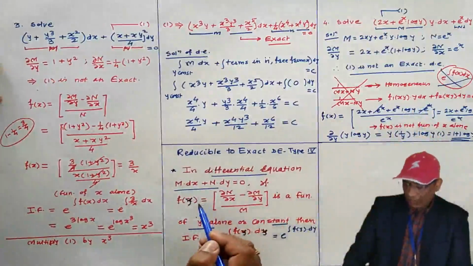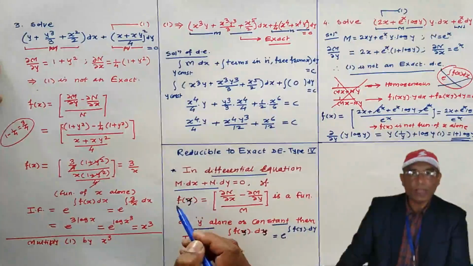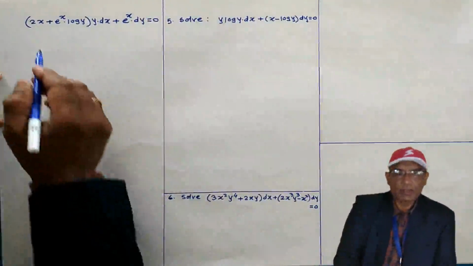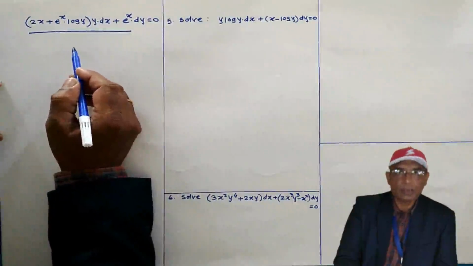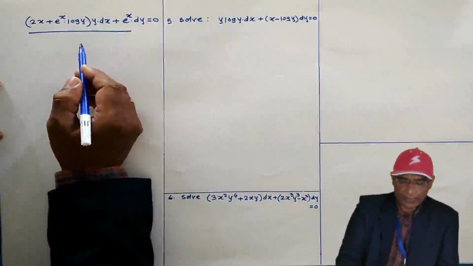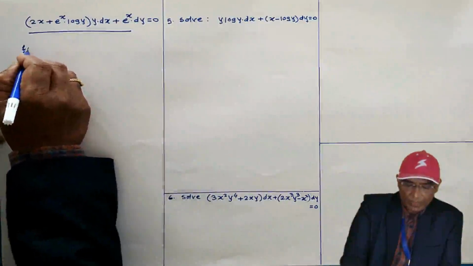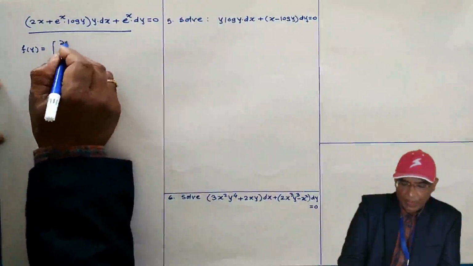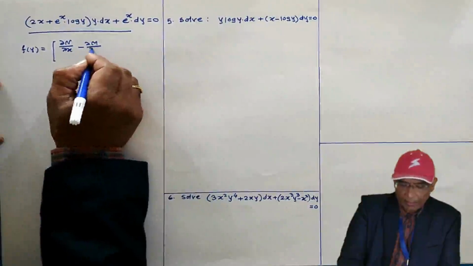Now I am going to check whether fy is a function of y alone or not. In continuation, this differential equation is given. These previous three formulae we checked. It doesn't fit here. Now fy I am going to calculate. Fy is del n by del x minus del m by del y, by m.